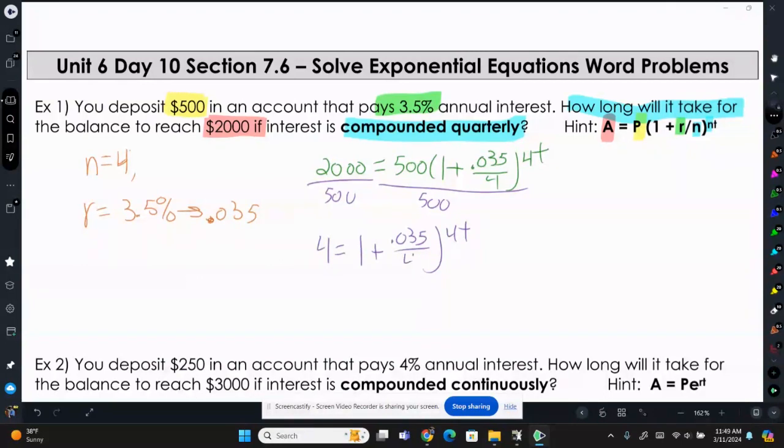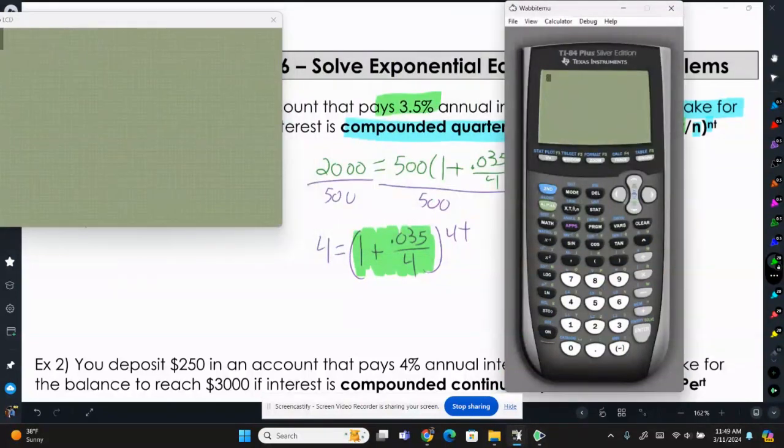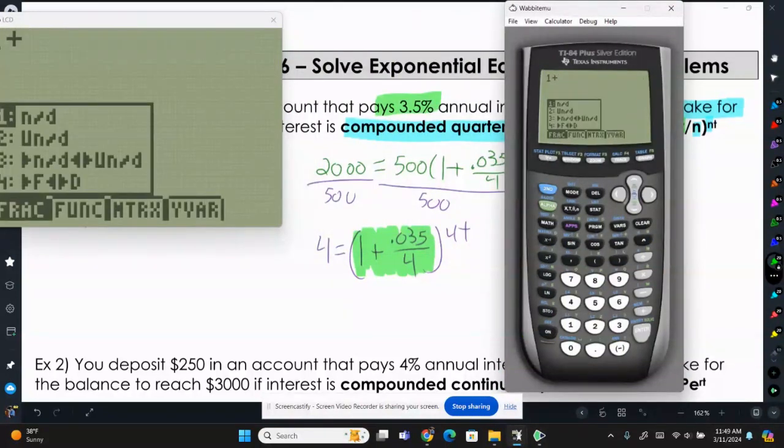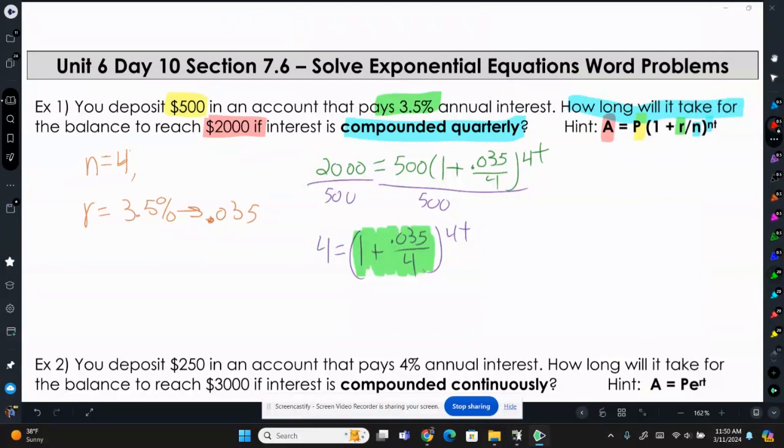All right, so now we're going to type the inside of the parenthesis into our calculator, just the inside. So 1 plus 0.035 over 4. So we get 1.0087. So we're going to call that 1.009. So 4 equals 1.009 raised to the 4t power.